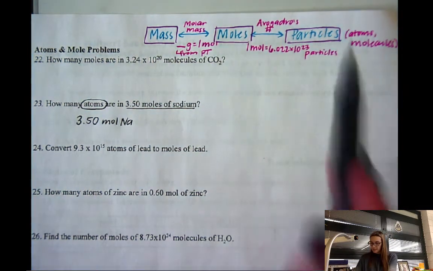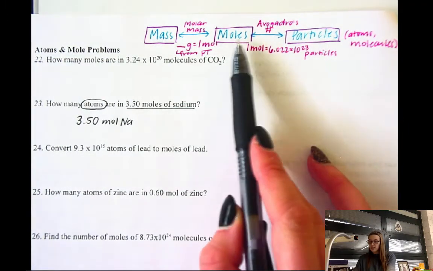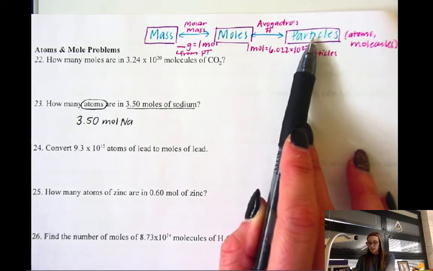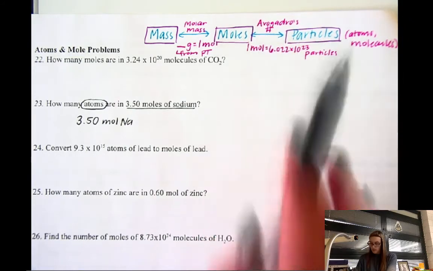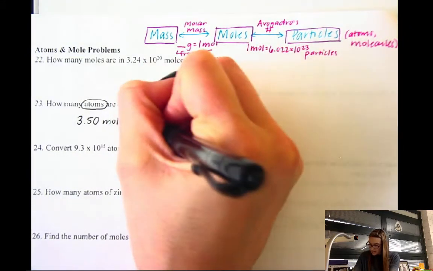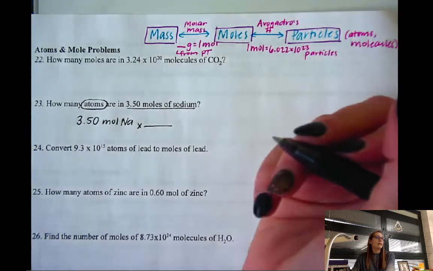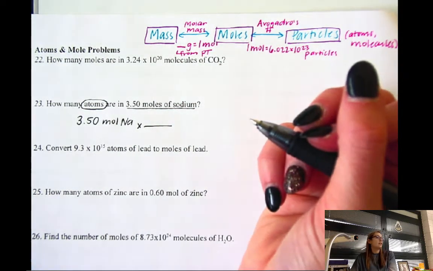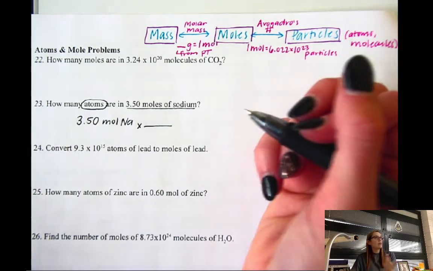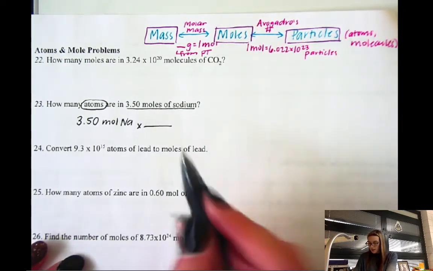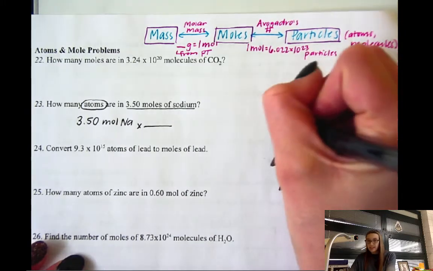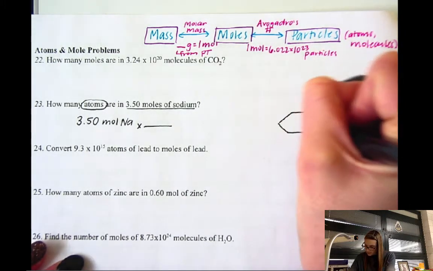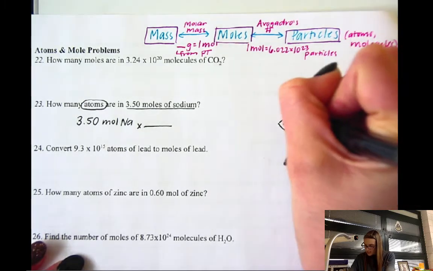Now, looking up here, can we go directly from moles to atoms? Yes. There's 1 arrow in between. I can go directly from moles to atoms. Moles is like the middleman. You always want to go to moles in between. This is already in moles, so we can go back out to whatever unit we need. Now again, we think about it like a tag on a present. So here's the gift tag.